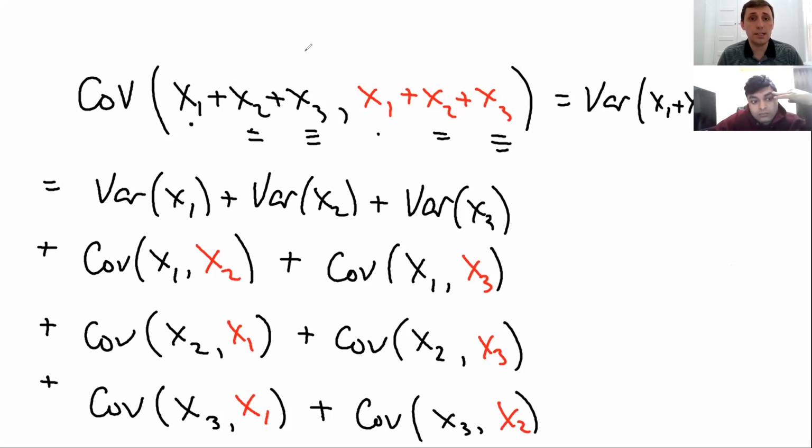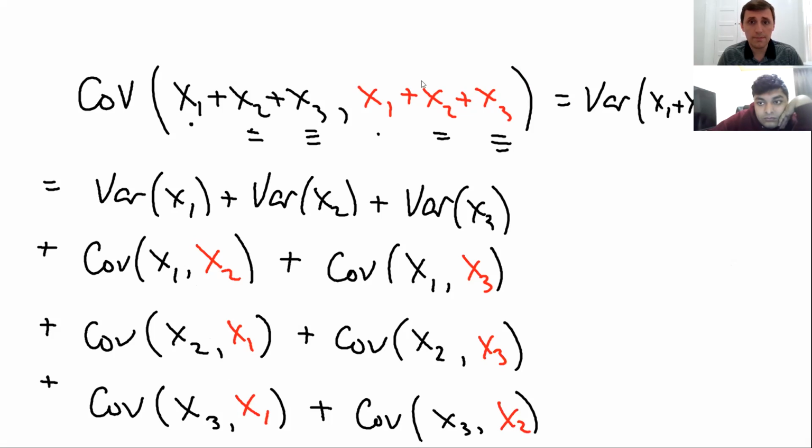Now, do you see, guys, that they come in pairs? Let's say we have x1 and x2. We have one case where x1 is black and x2 is red. And we also have the situation where it's reversed, right? So where we have, let's say, x2 and x1. Do you see? Those two are very similar.